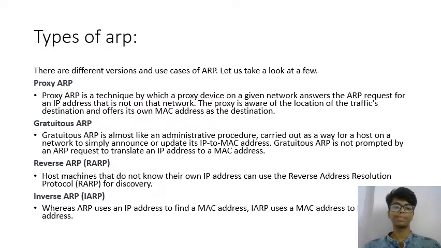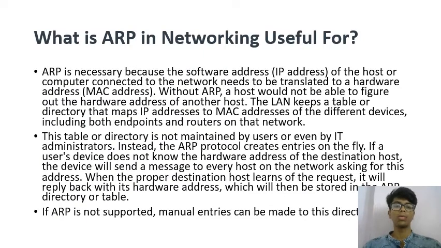Reverse ARP: host machines that do not know their own IP address can use the reverse address resolution protocol for discovery. Inverse ARP: whereas ARP uses an IP address to find a MAC address, IARP uses a MAC address to find an IP address.